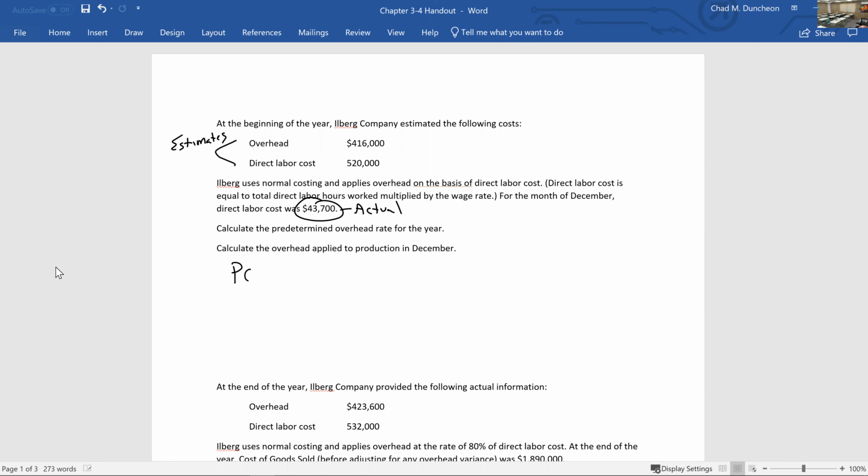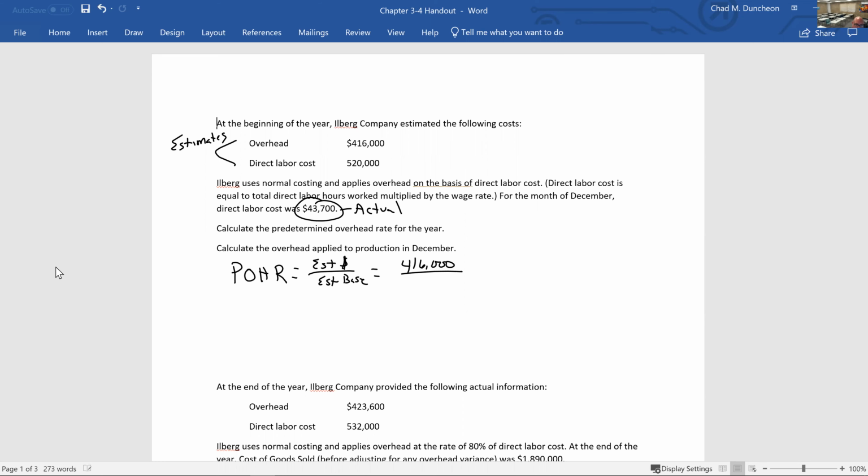Okay, calculate the predetermined overhead rate. If you remember, the predetermined overhead rate is our estimated dollars divided by our estimated base. Our estimates were given up here, so our estimated dollars were $416,000.